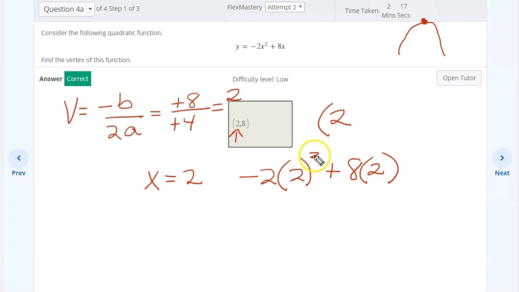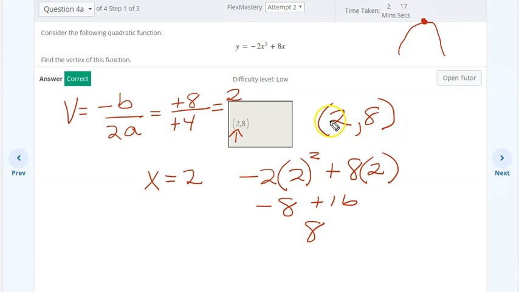Now, 2 squared is 4. -2 times 4 is -8. 8 times 2 is 16. And 16 minus 8 is 8. So our ordered pair here is 2 and 8. And this person had it correct, and there it is.